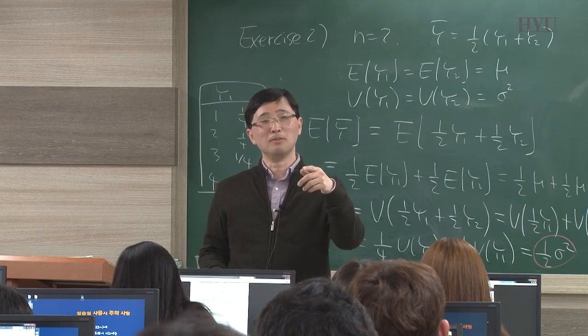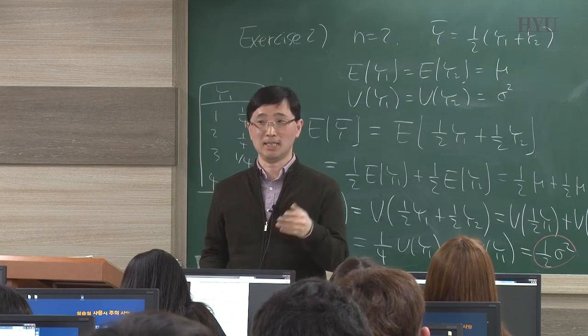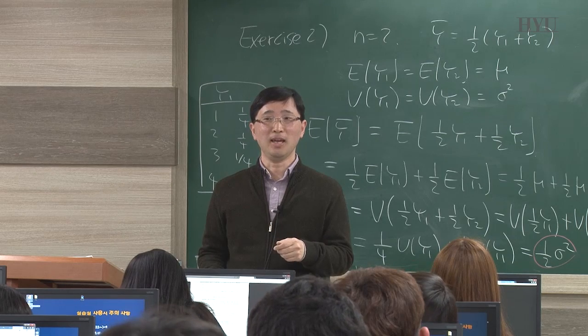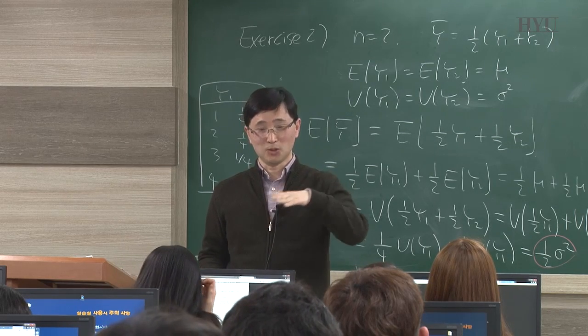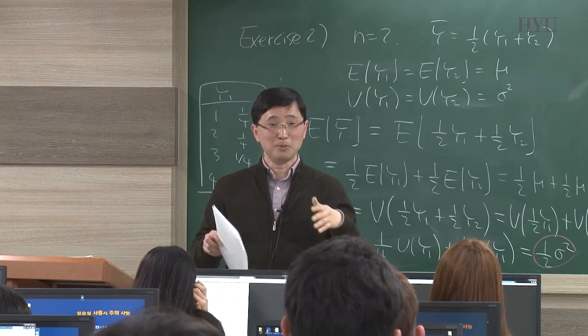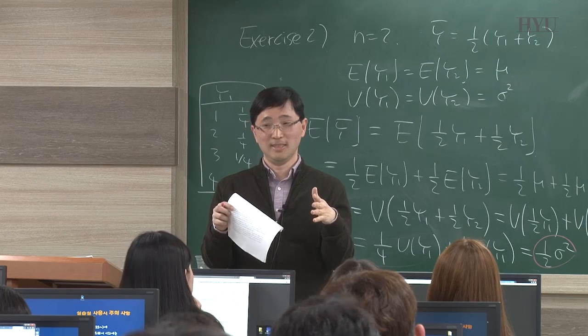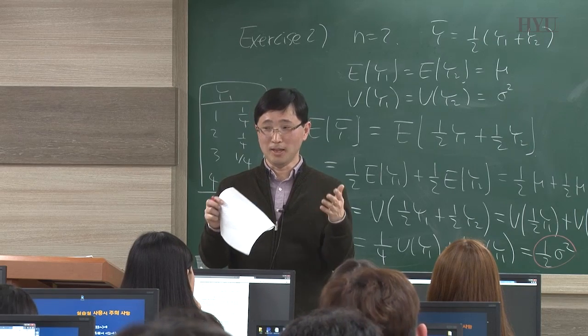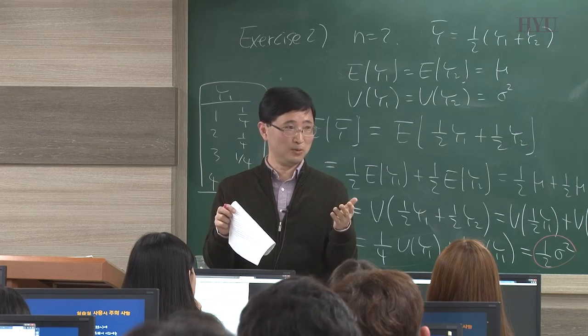So let me give you something more realistic. Let's say that y is your height. Individually, it has variation. Some are short, some are very tall. What happens if you take the sample mean? It has less variability, right? Why? Because they cancel out.